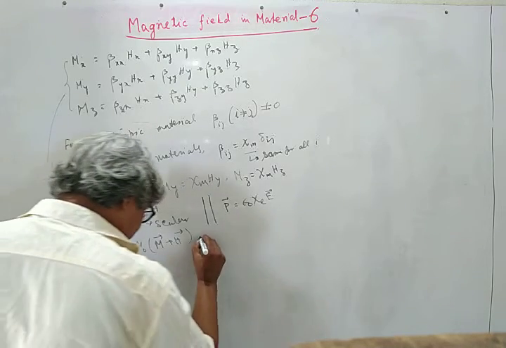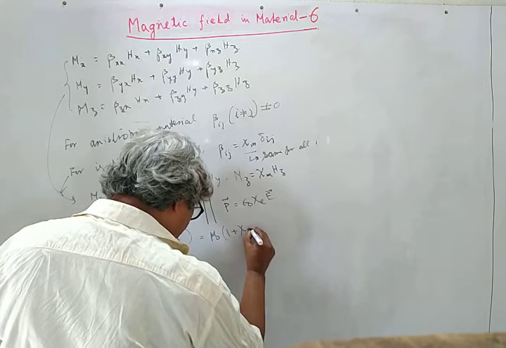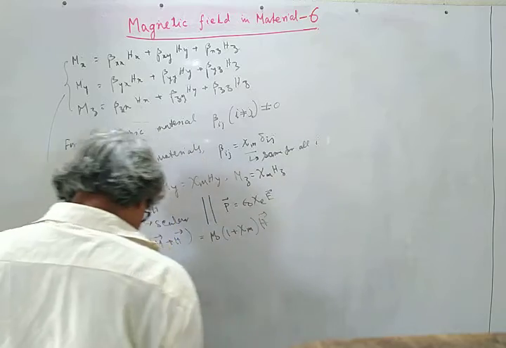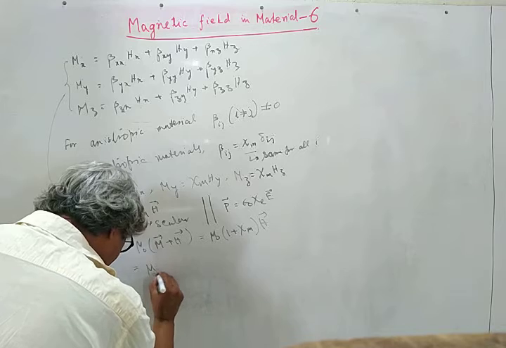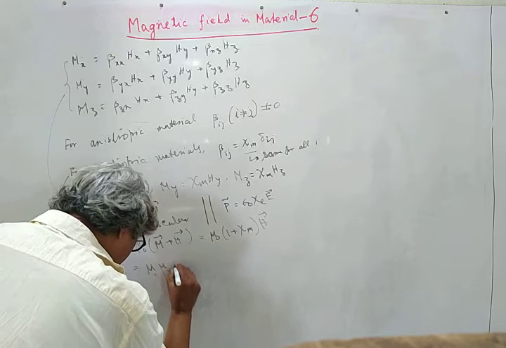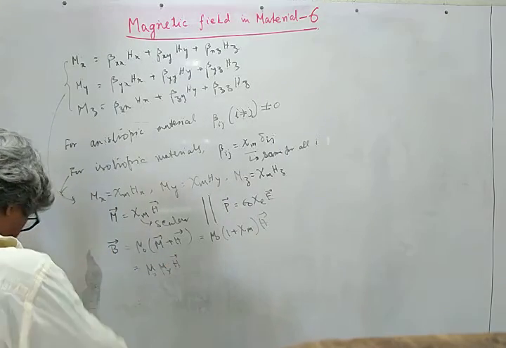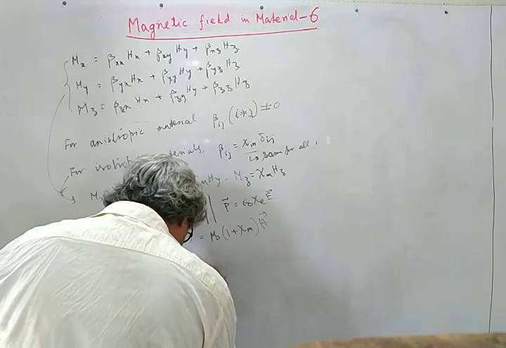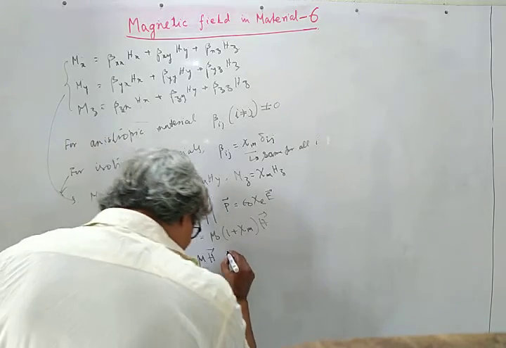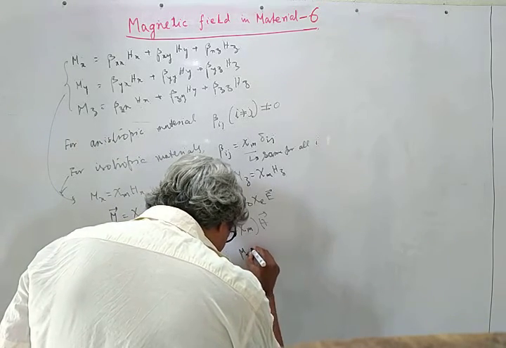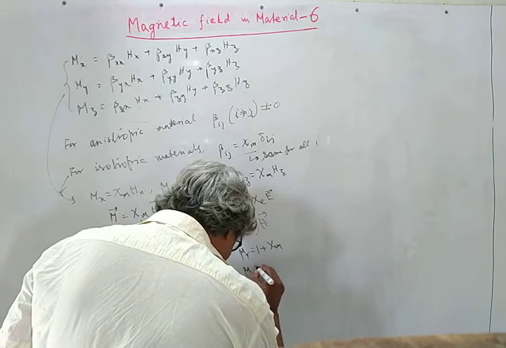So we write it as mu_0 (1 plus chi_m) H, and we introduce a quantity permeability mu_0 mu_r times H, or we write it as mu times H, where we have introduced mu_r, the relative permeability, as 1 plus chi_m, and mu is the absolute permeability of the system.